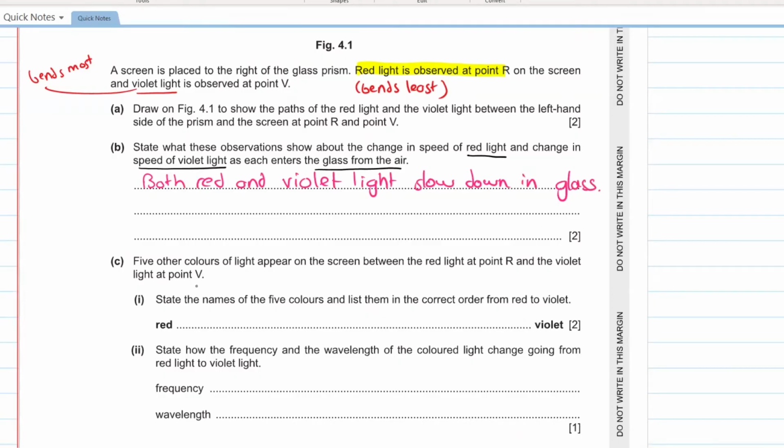Why? Because glass is more dense. Both red light and violet light slow in glass because glass is more dense.